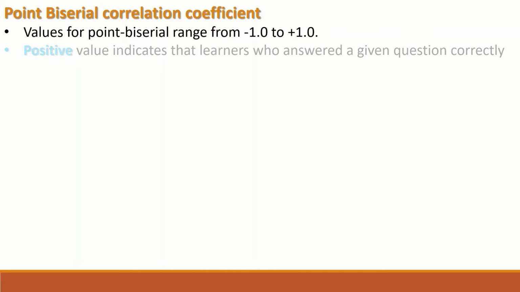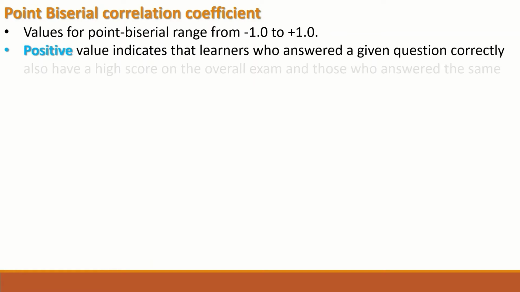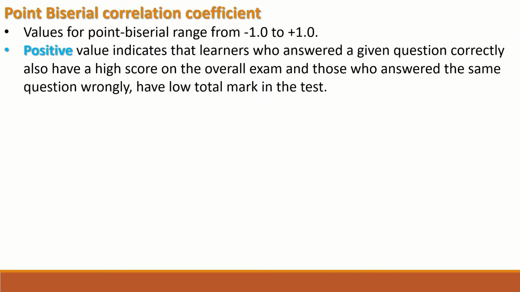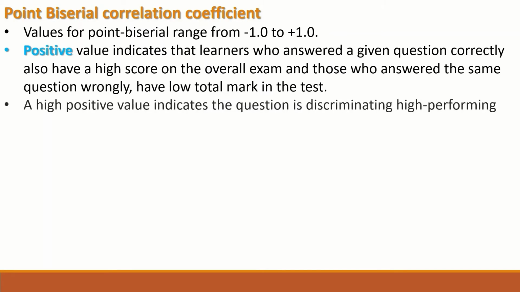A -1 indicates a negative correlation, a strong one. Now, a positive value of the coefficient indicates that the learner who answered a given question correctly also has a high score on the overall exam, and those who answered the same question wrongly have a low total mark in the test.